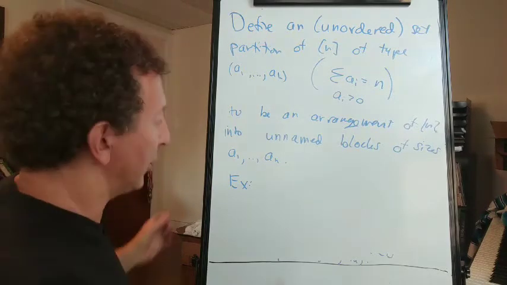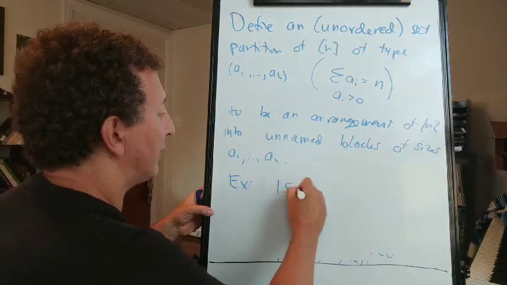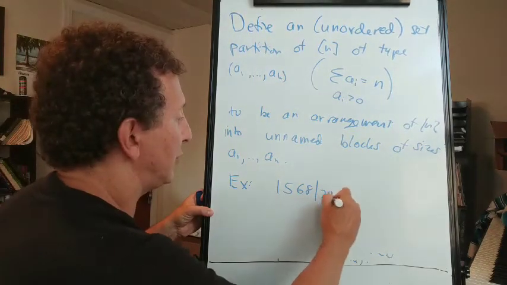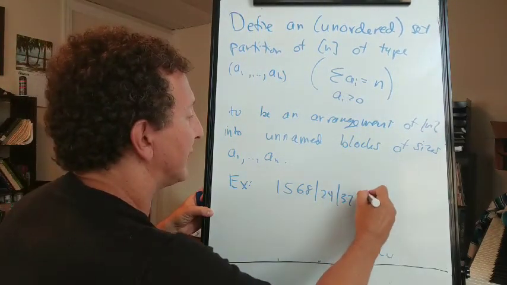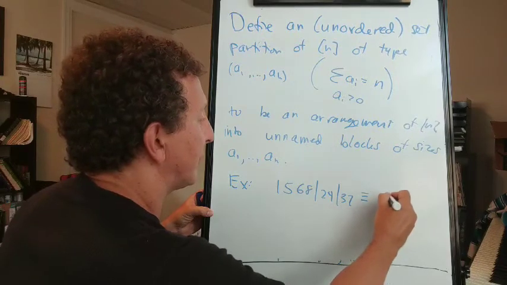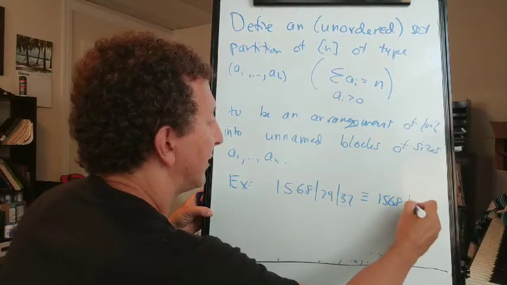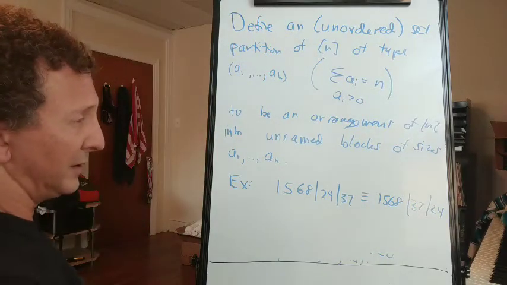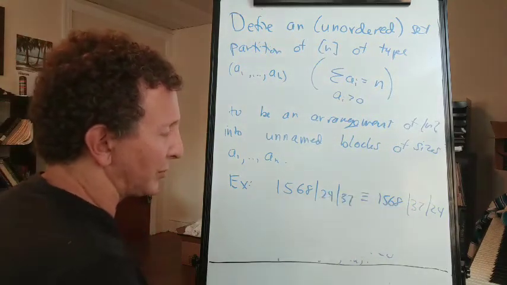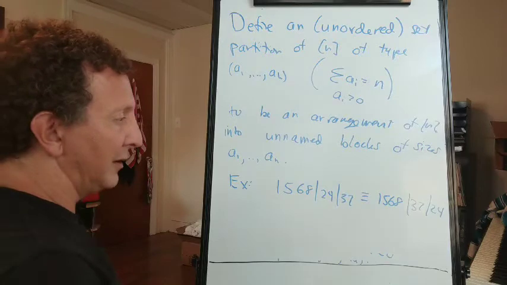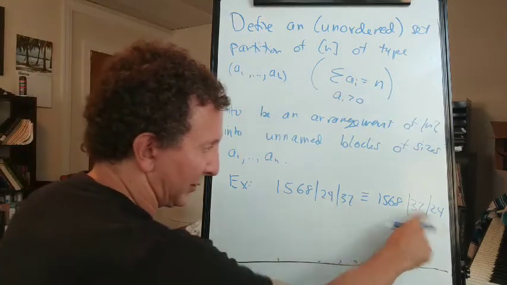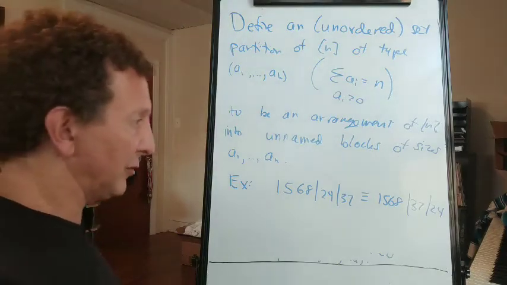So for example, 1, 5, 6, 8, 2, 4, 3, 7 counts the same as 1, 5, 6, 8, 3, 7, 2, 4. So we just want to remember which numbers are with which other numbers. It doesn't matter that 2, 4 comes before 3, 7. We're going to count it the same as 3, 7 coming before 2, 4.